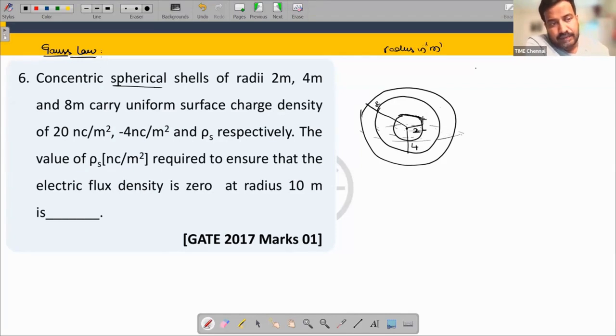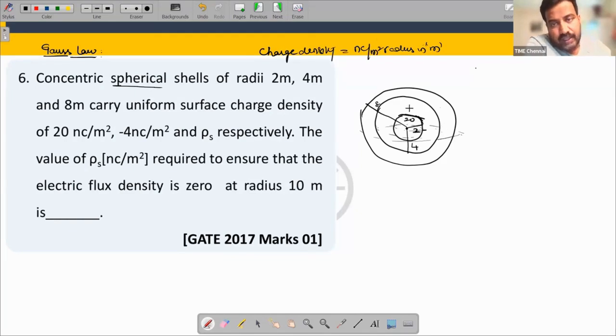a charge density of, in nanocoulomb per meter square.